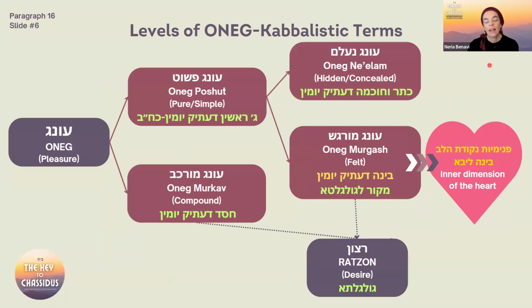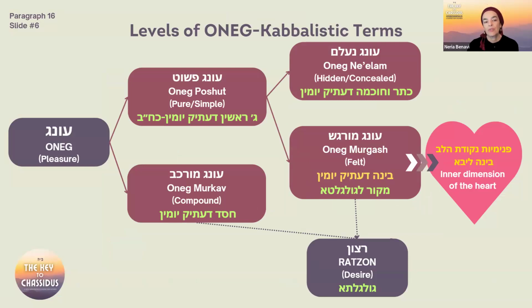So what I understood is, okay, it's easier if we understand that Oneg is called Atik Yomin in Kabbalah. But basically what I'm seeing here is that within Oneg, there are 10 Sfirot.